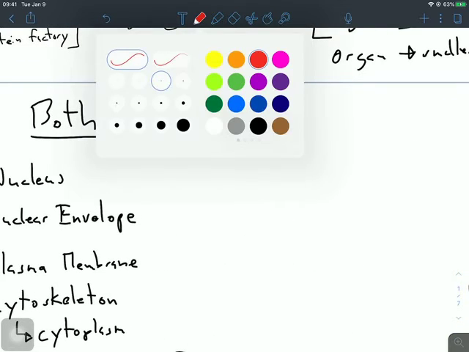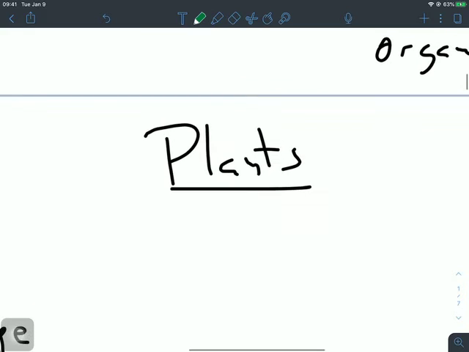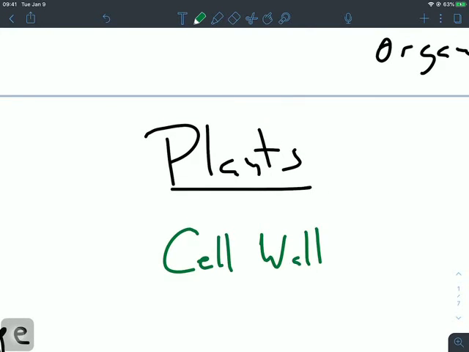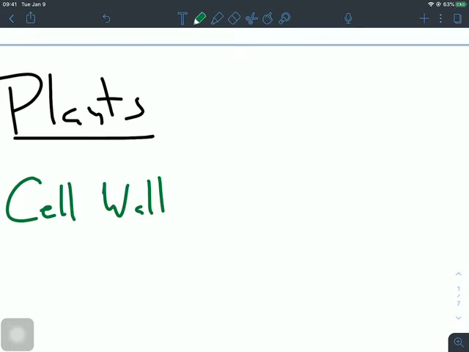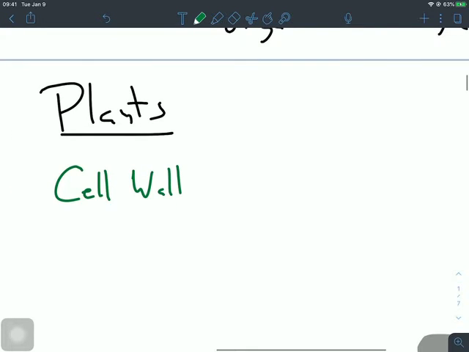Plant cells instead have a cell wall. Now you may know a plant cell wall as the outer protection of a plant cell, and you'd be right. But because they have this firm outside, they also have a better idea of how to split their cell.